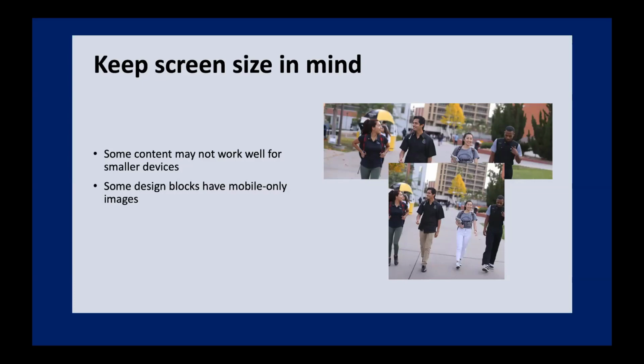Again, some content may not work well for smaller devices. So we built some of these design blocks to have both a desktop and a mobile image. The example to the right shows how we took one image and made two versions of it for different screen sizes. As you can see, the image on the top is a version of this photo that was made for a desktop or a laptop computer.